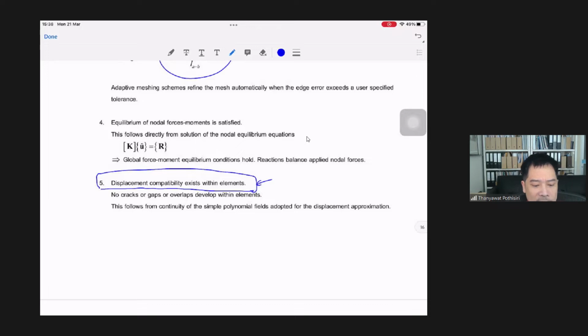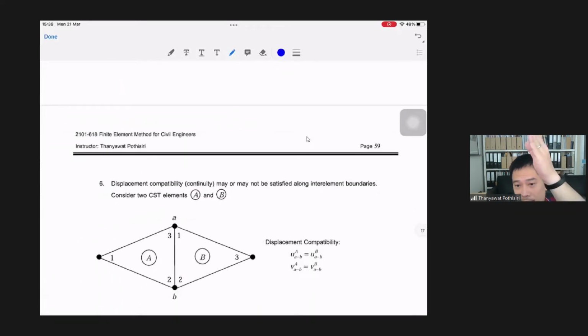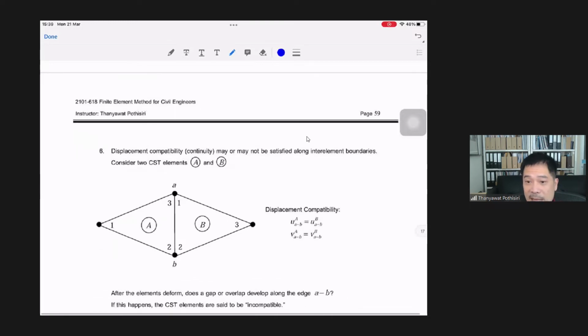So for a continuous function, you will see that the displacement compatibility within elements would always be satisfied. And if you also look at the element boundaries, or across elements, the way that we ensure continuity across element boundaries is by having certain properties on the interpolation function for the displacements.